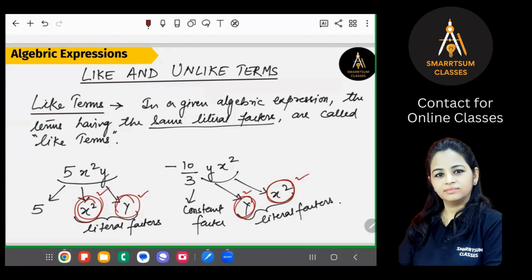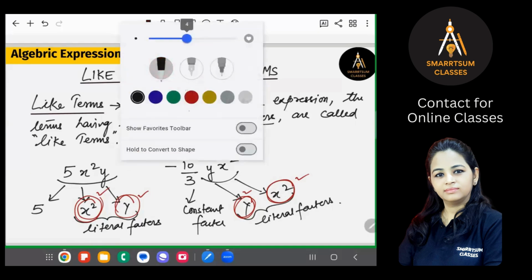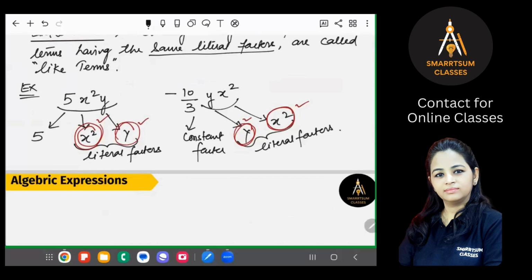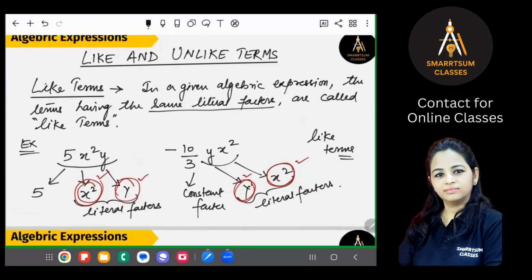Since they are same, these terms are said to be like terms. Okay, is everybody getting this? These are like terms. Is it clear? Why? Because they are having same literal factors.